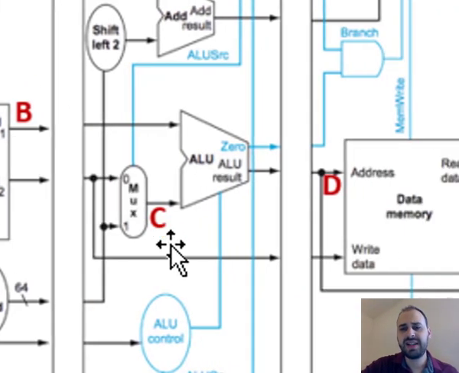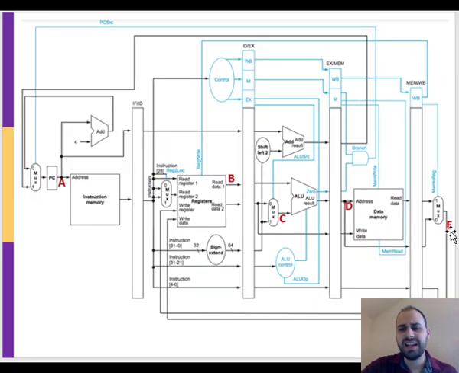C is the second operand input into the ALU. D is the address into memory, or if it's bypassing memory, going to the write back stage. And E is the value written back to a register. All right. Let's break it out one step at a time.